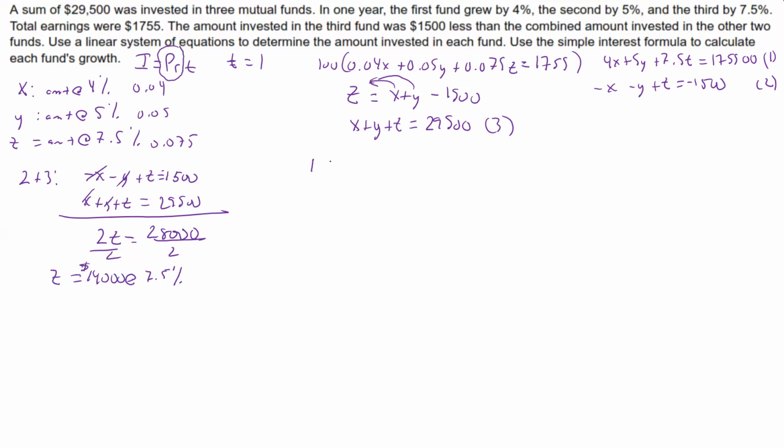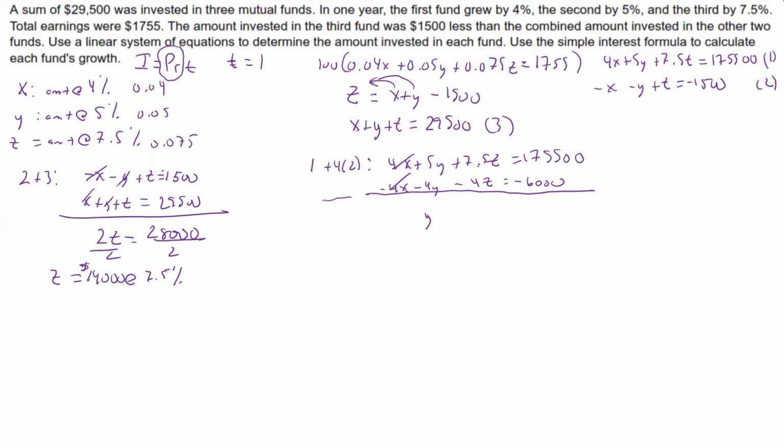If I take that plus 4 times equation 2, I should get something that works. So that's 4x plus 5y plus 7.5z equals 175,500, and then 4 times equation 2 is minus 4x minus 4y minus 4z equals minus 6,000. That cancels the x's, and 5 minus 4 is just y.